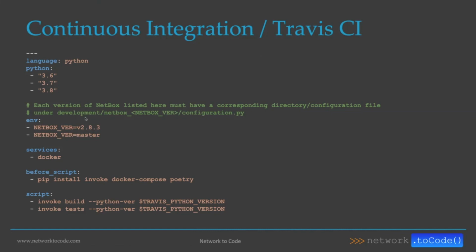And I also want to run for multiple versions of NetBox. And here, since the plugin system is fairly new, we're actually testing on 2.8.3 and 2.8.4. But the idea is that as the project evolves, I'll be able to have way more versions of NetBox and ensure that my code is actually working across many of them.